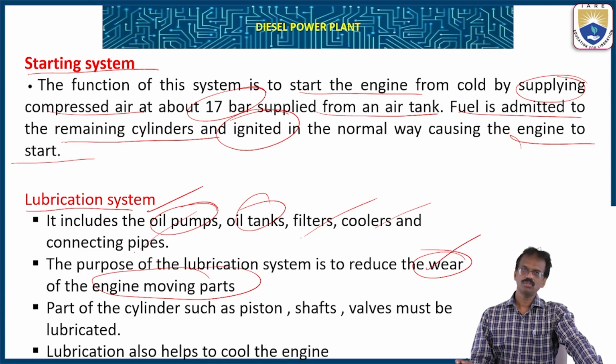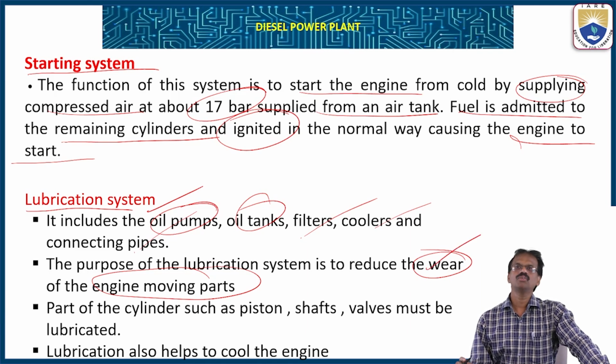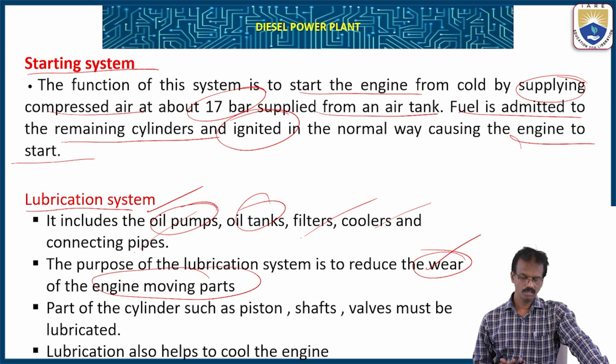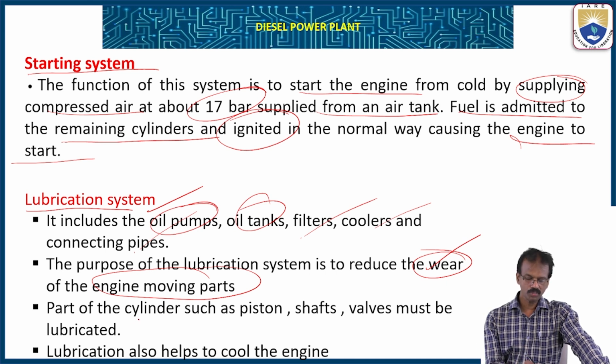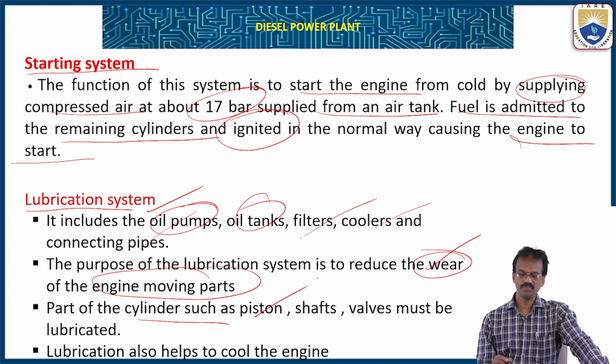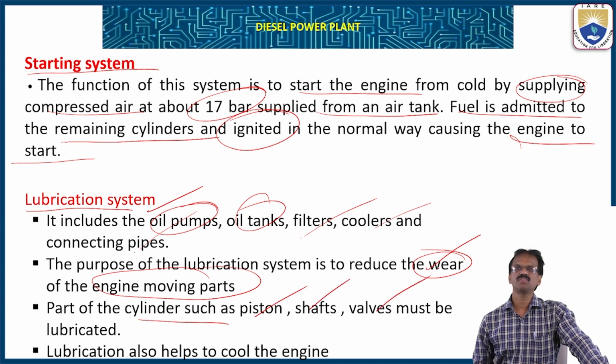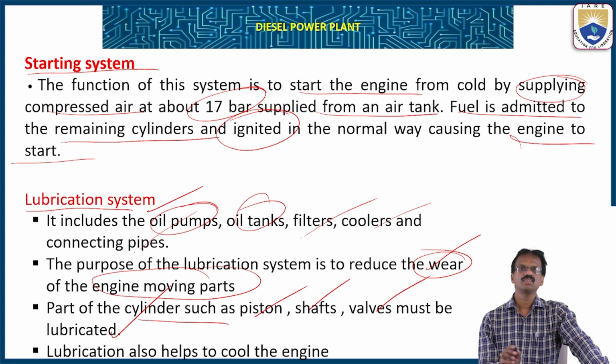We supply the lubricating system to increase the efficiency of the diesel engine and the life of diesel engine parts. Next, parts of the cylinders, mainly piston, shaft, and valves, must be lubricated. Otherwise, due to wearing, the lifetime will be reduced.